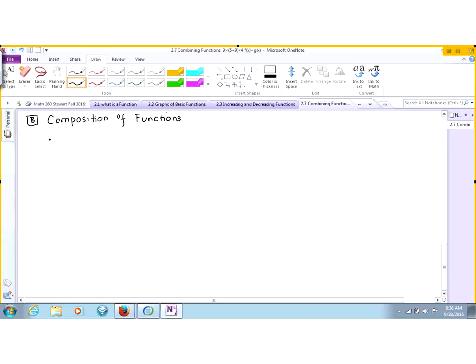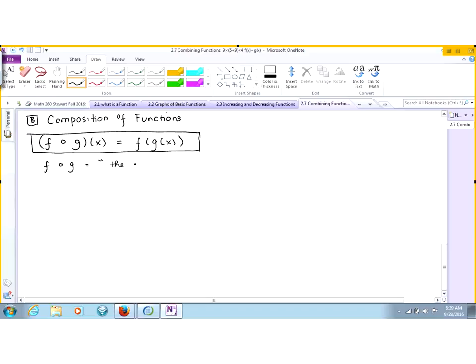So if we have f circle g of x, this is f of g of x. Have you seen this before? Yes. So what is f circle g? f circle g is the composition of f and g.